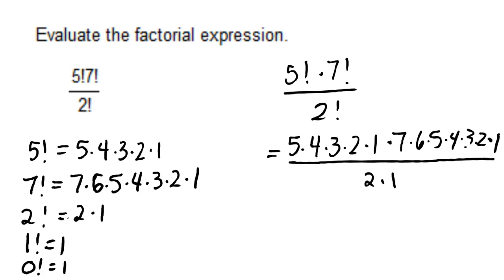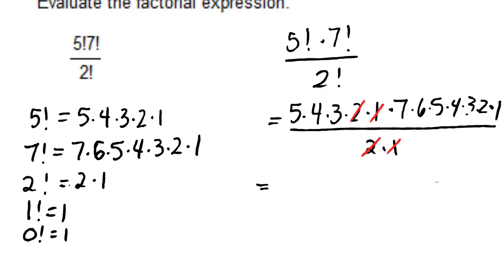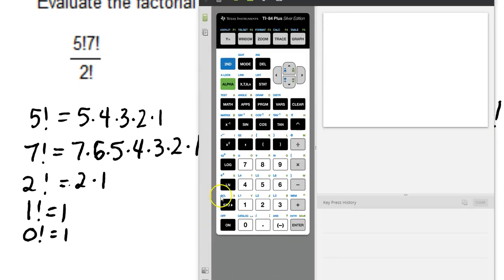So the 2's will cancel. The 1's will cancel. And then we just have to multiply the rest. And multiplying this out in a calculator would give me 302,400.